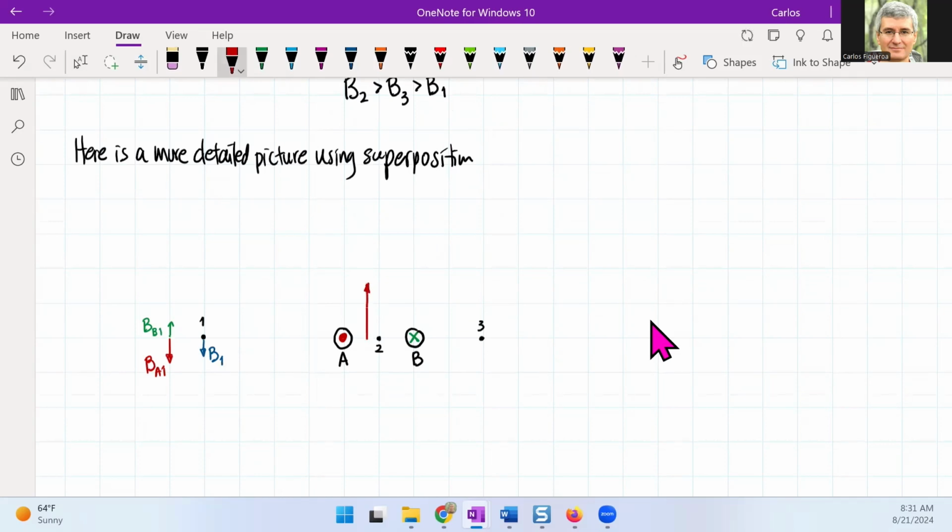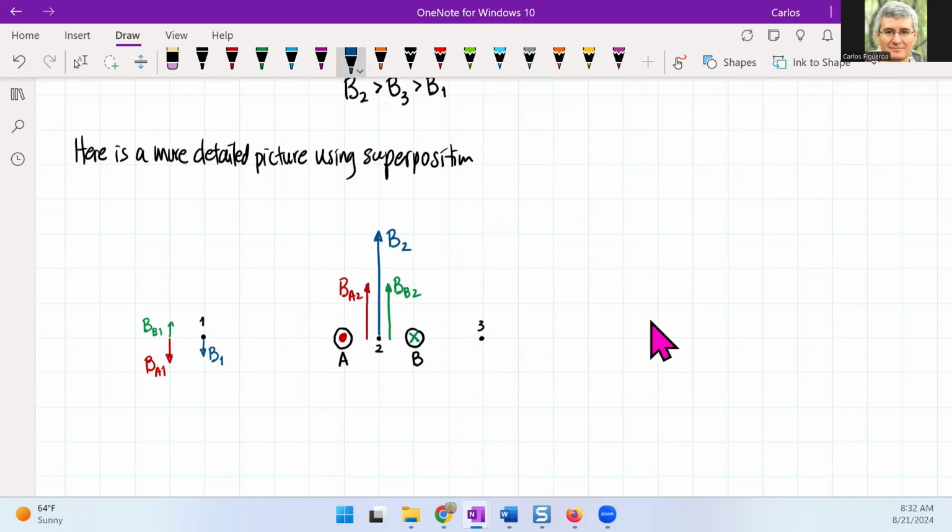So this is going to be the magnetic field of A at 2. This will be the magnetic field of B at 2. So then the net field should be twice this. So it should be like this. And that's the magnetic field of 2.